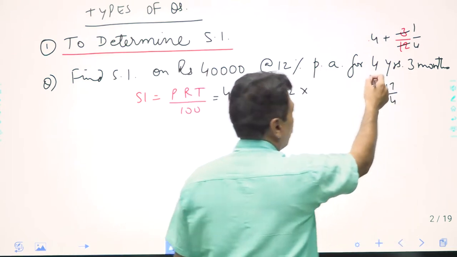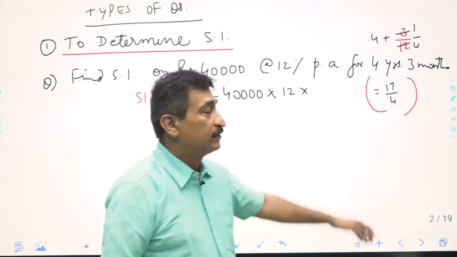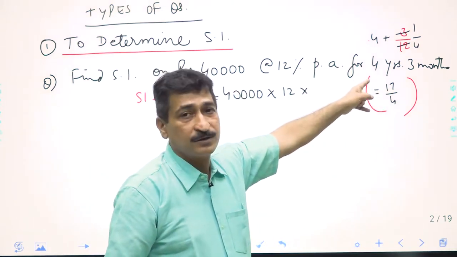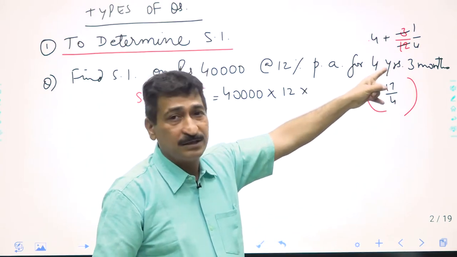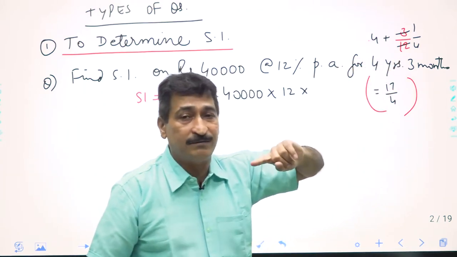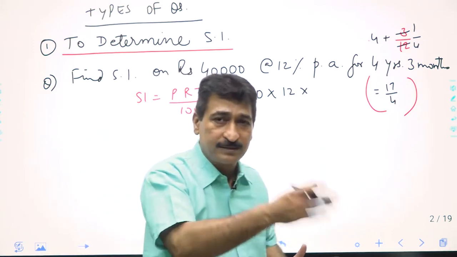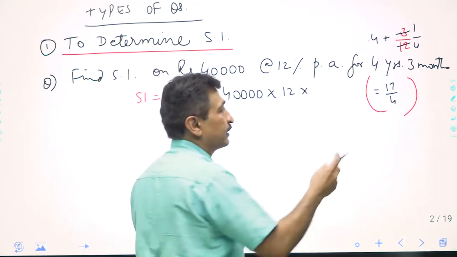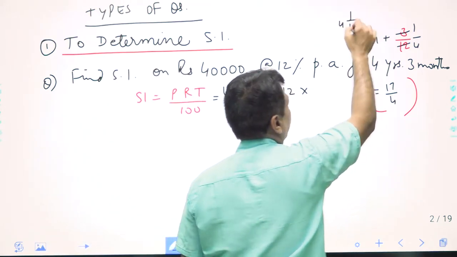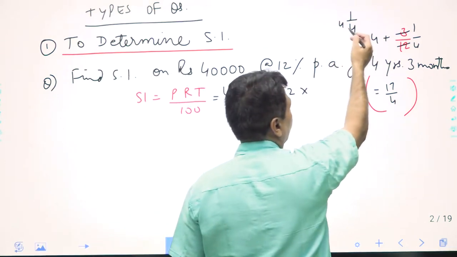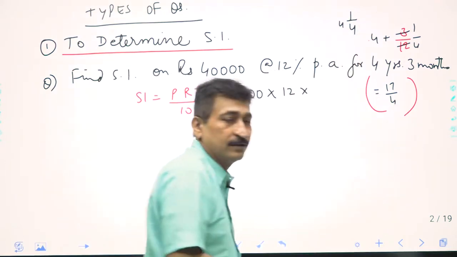This is the way you convert months into years. I will repeat, 4 years was already in years, but 3 was in months, so I converted it into years, divided by 12, 3 by 12 is 1 by 4. So 4 years plus 1/4 year, you can say 4 whole number 1 by 4 years, 4 plus 1 by 4. So, 4 4s are 16, 16 plus 1, 17 upon 4.